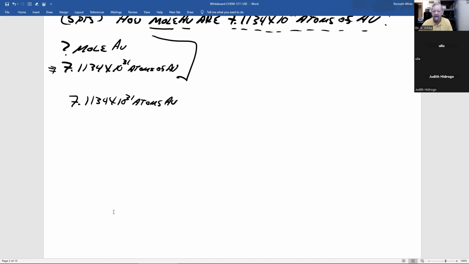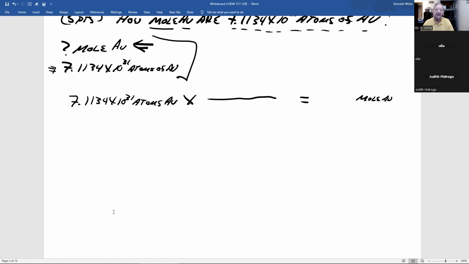Now, what units do we want our answer to be in? Well, we figured that out. Moles of gold. And now, if we had a magic ratio that can convert atoms of gold to moles of gold, what's there?